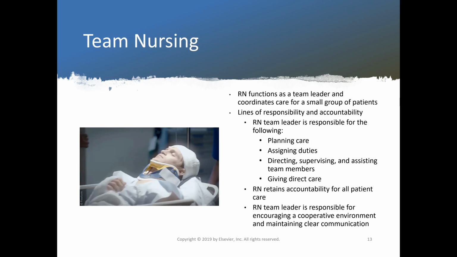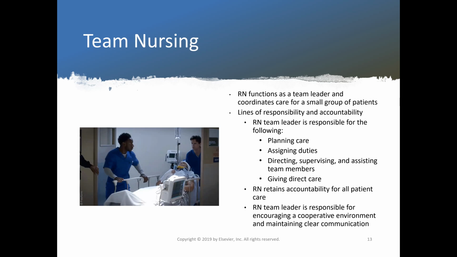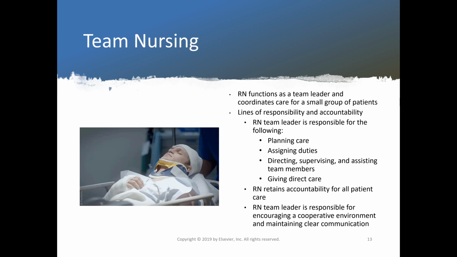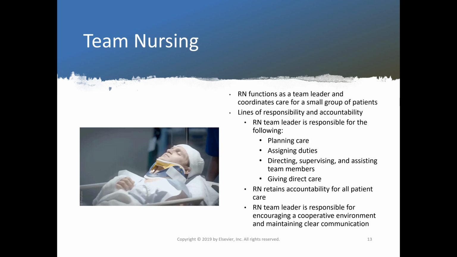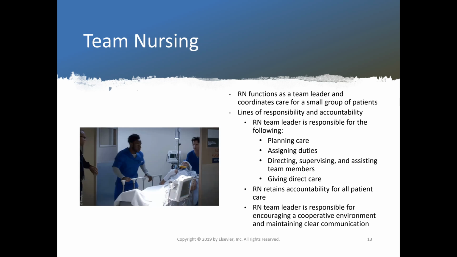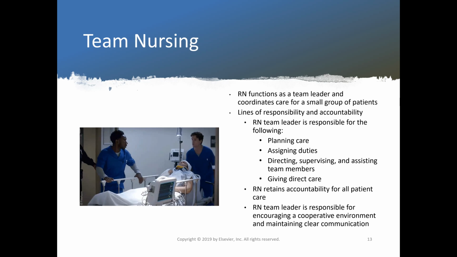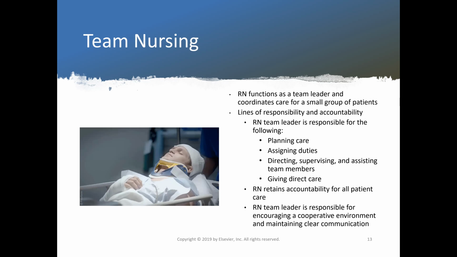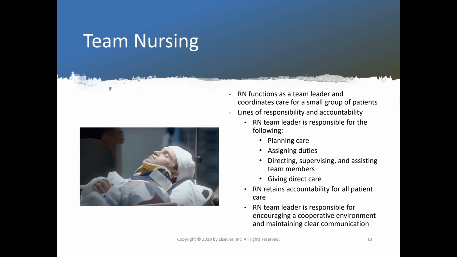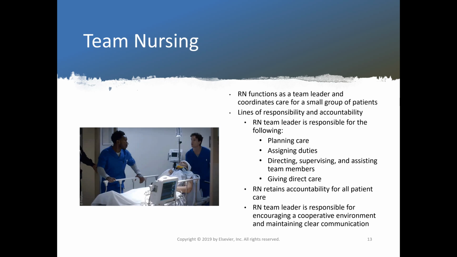And then under each team, you will have LPNs, nursing assistants, techs, and each team will work together, just like in functional nursing, to provide care to certain types of patients. And then, of course, you have an RN in charge that the team reports to. So you're kind of having two charge nurses, the charge nurse for the overall unit, and then the charge nurse for each team.